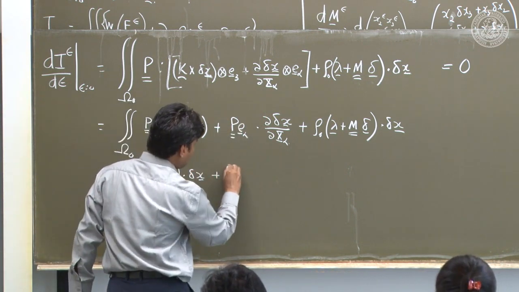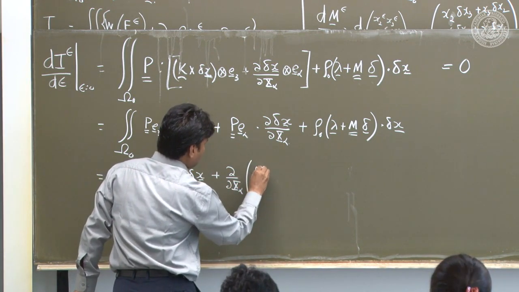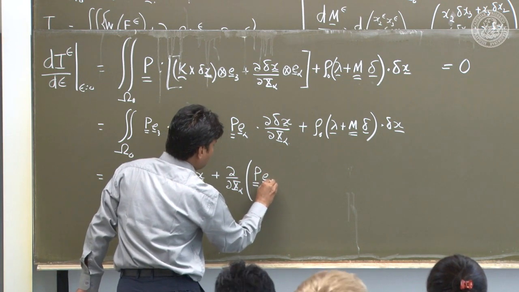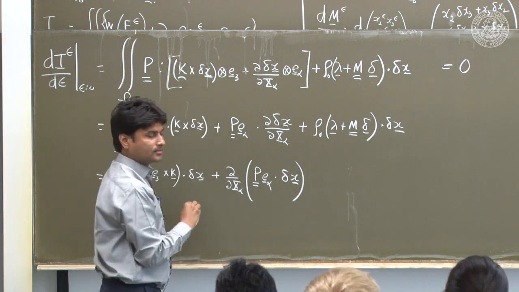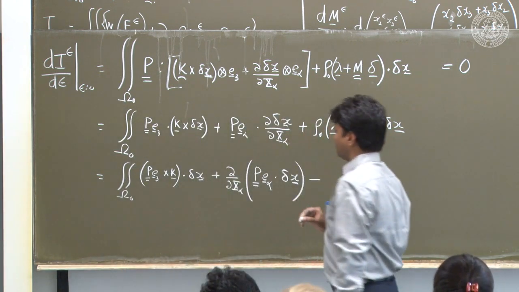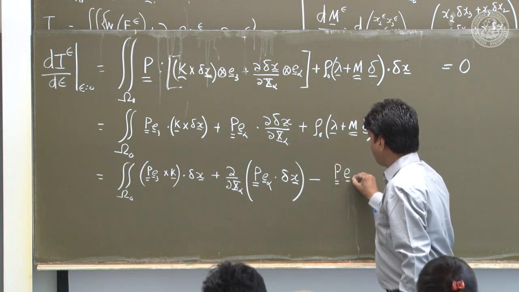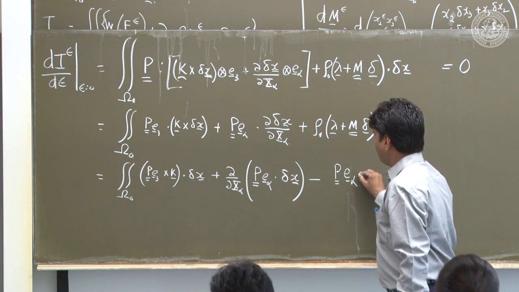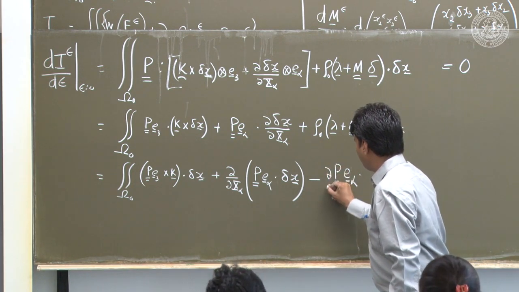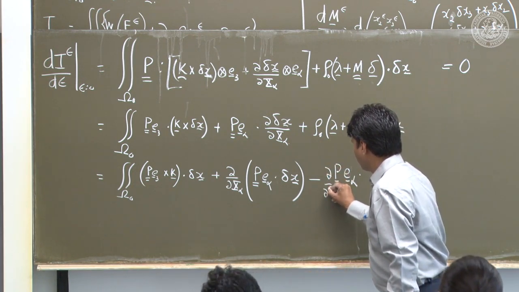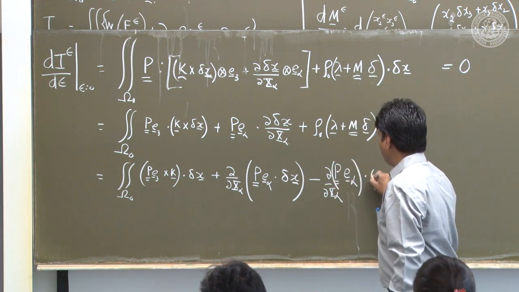So this becomes plus del over del x alpha of P E alpha dot del x, minus, sorry, this is minus del over del x alpha of P E alpha dot del x.